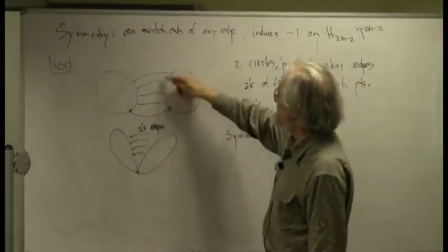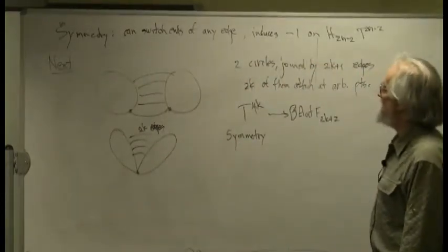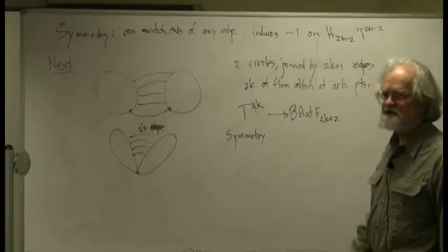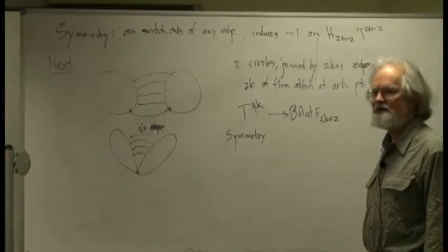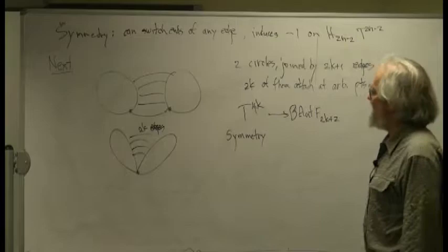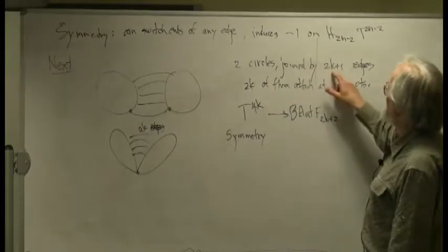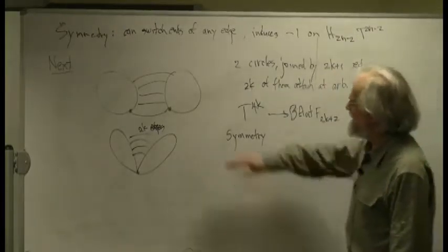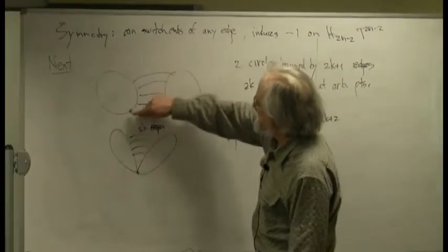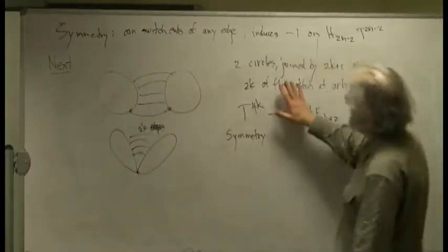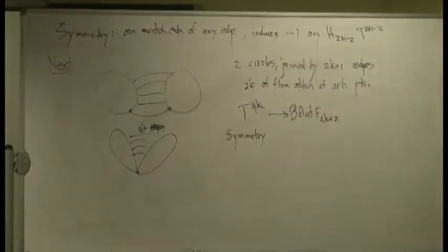So if there are an even number of edges, that's an even transposition. So you don't kill it for that reason. And that's why I had started with 2k plus 1. If I'd had an even number of edges, one of them being fixed, then that symmetry would kill the class.